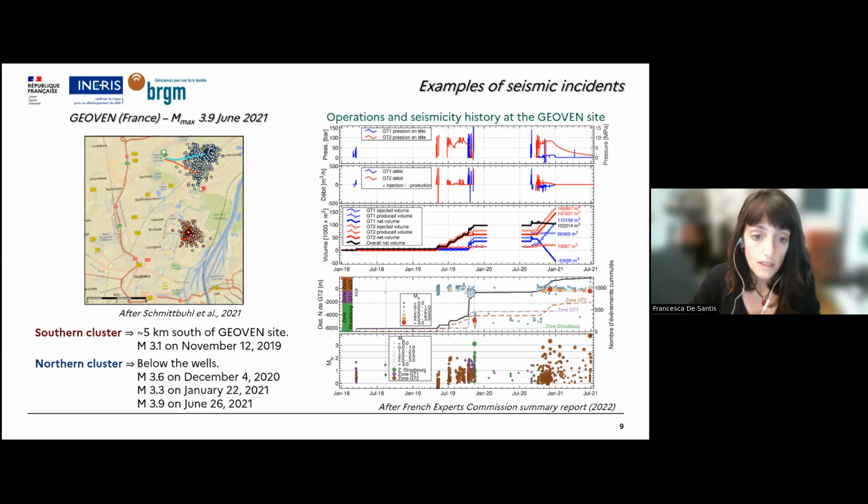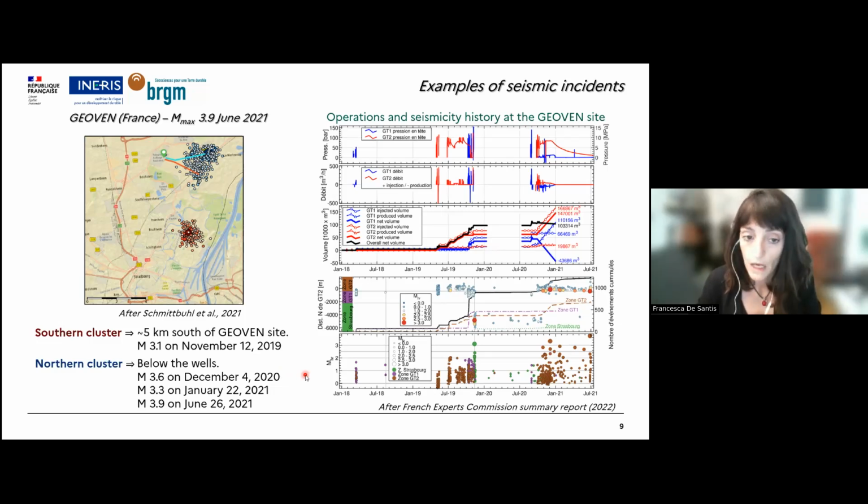However, the largest events occurred close to the wells, with a first event of magnitude 3.6 in 2020, after which the local authority asked for stopping the operation, and after that the seismicity has still persisted, with the largest event occurring more than 6 months after the shutting, so after the injection operation.